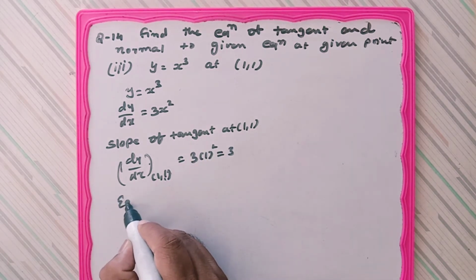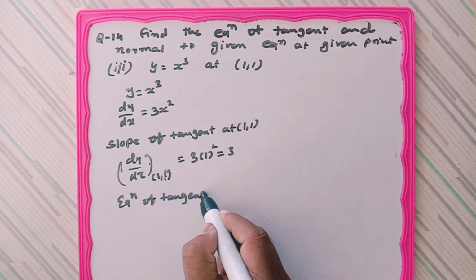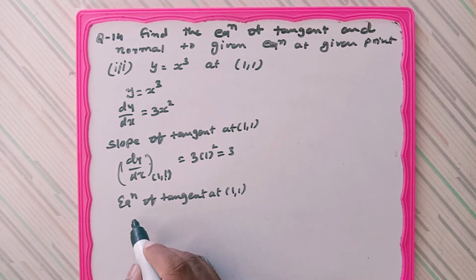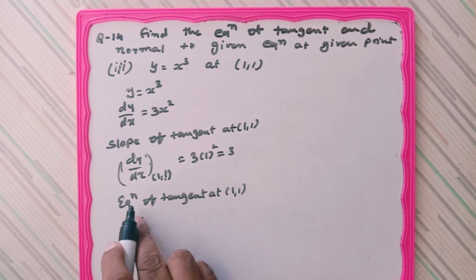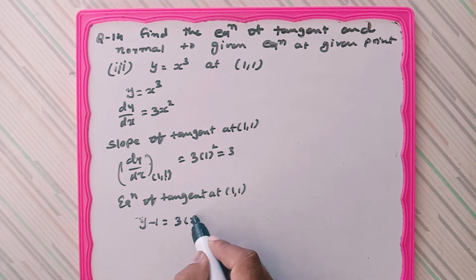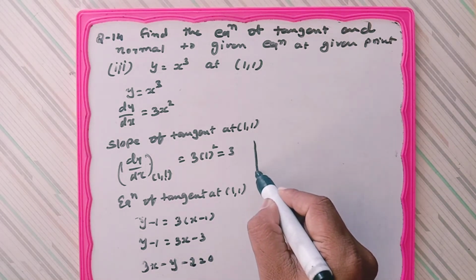And so the equation of the tangent at (1, 1) will be y minus 1 equals 3 into (x minus 1). So y minus 1 equals 3x minus 3. And so 3x minus y minus 3 plus 1, that is minus 2, equals 0.